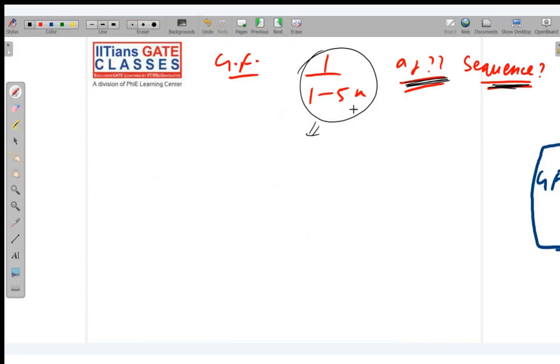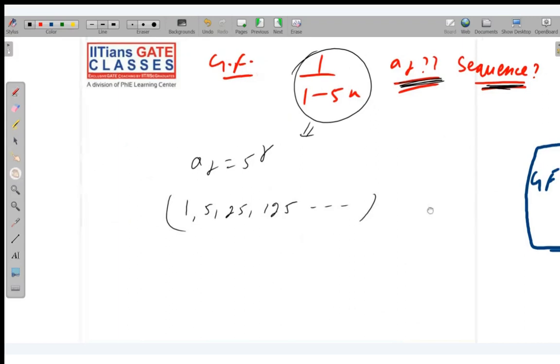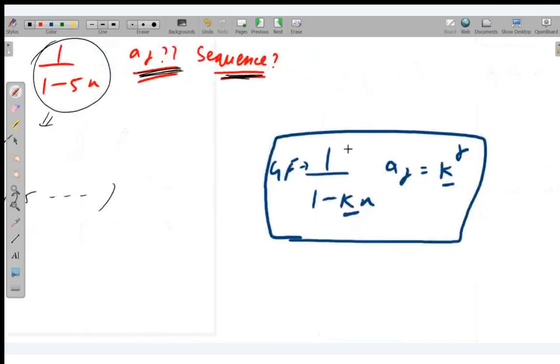For 1 upon 1 minus 5x, the numeric function will be 5 power r, and the sequence will be 1, 5, 25, 125, dot dot dot up to infinity. So I have written the generalization here: for 1 upon 1 minus kx, a_r is k power r. Reverse also you should know: when a_r is k power r, the generating function will be 1 upon 1 minus kx. Both ways you should know.